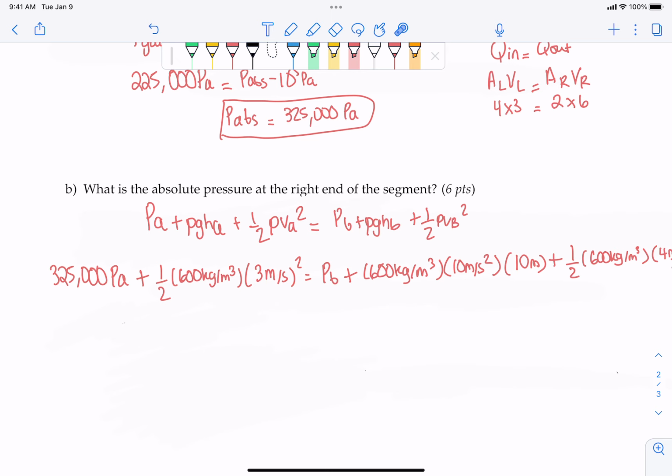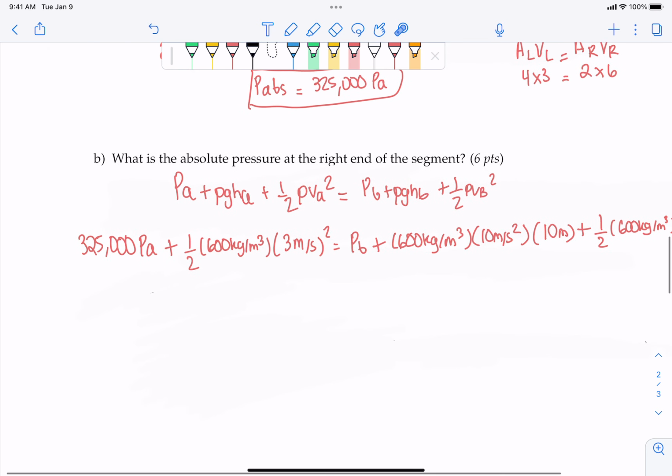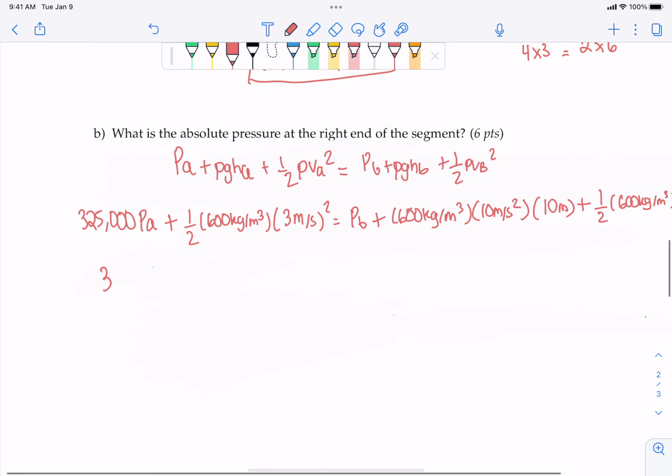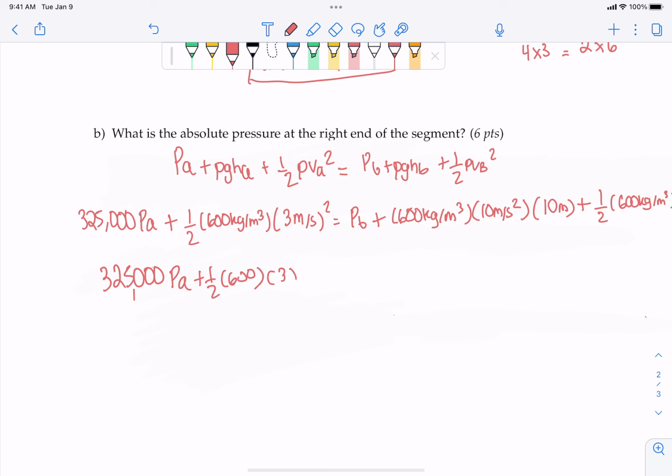Then I'd have 0 for this term, like this term wouldn't appear on the right, but some PGH term would be on the left. So basically, you would end up with 325,000 pascals plus half times 600 times 3 squared, and then minus 600 times 10 times 10, and this would equal PB plus 1/2 rho VB squared.